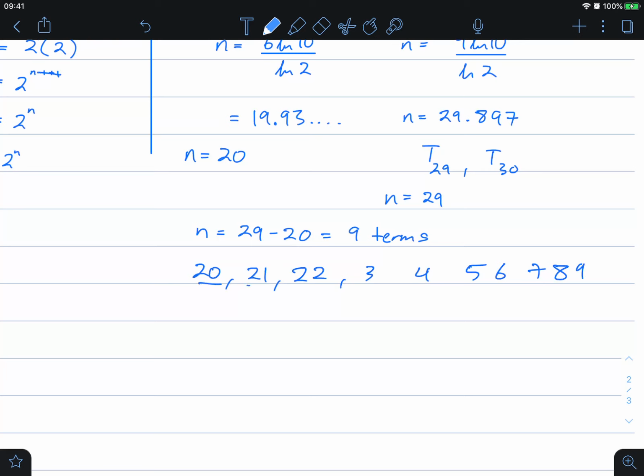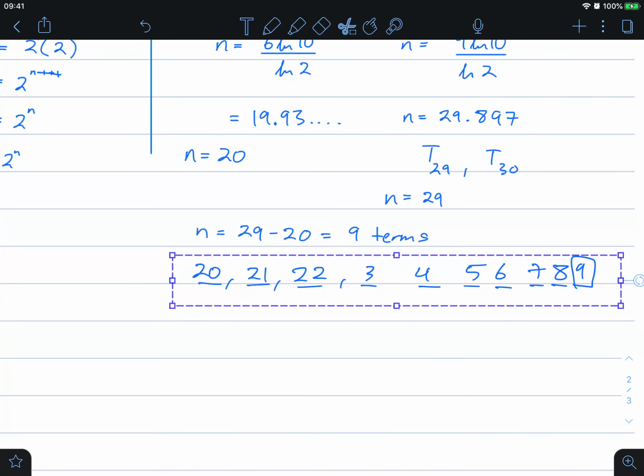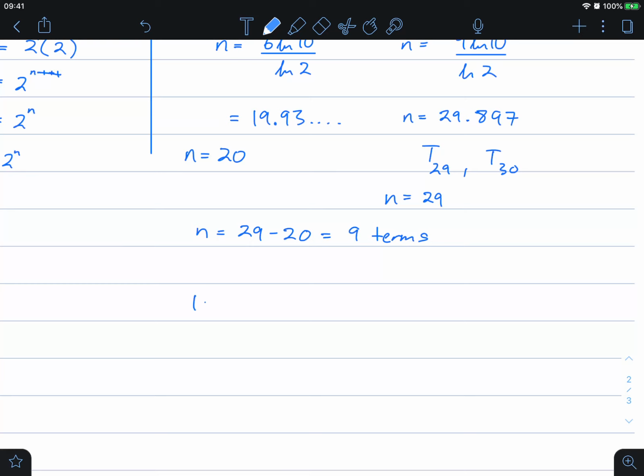That's 1, 2, 3, 4, 5, 6, 7, 8, 9, 10 terms. There's actually 10 terms between 10 to the power of 6 and 10 to the power of 9.